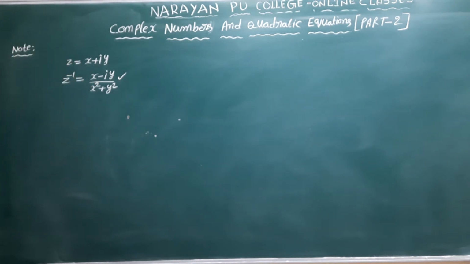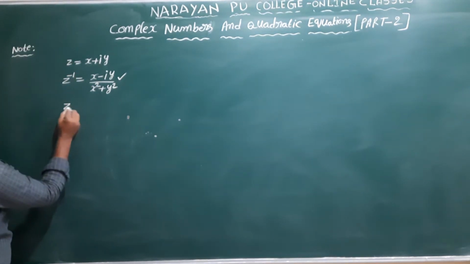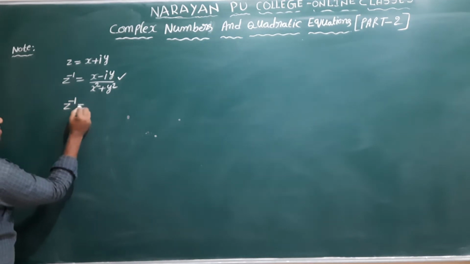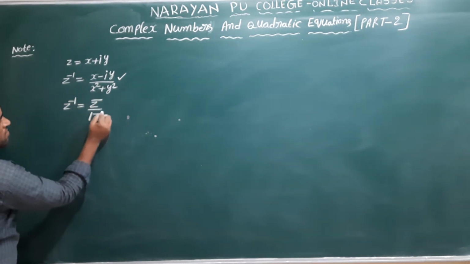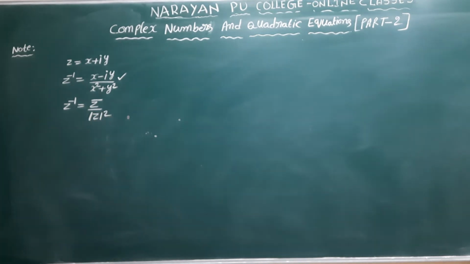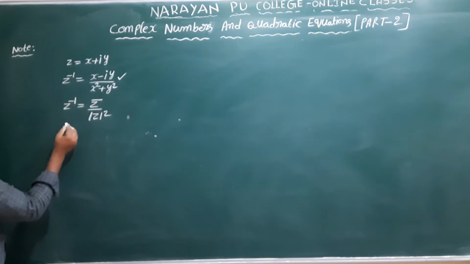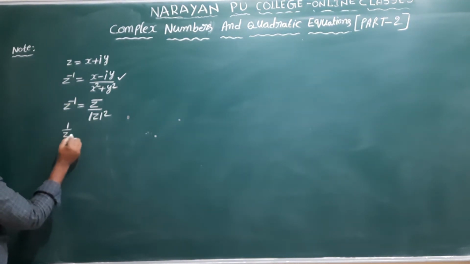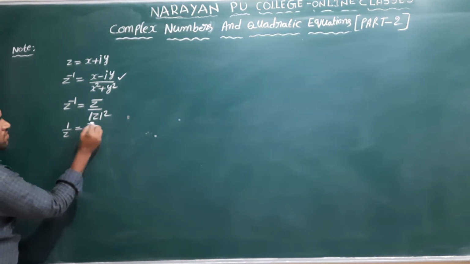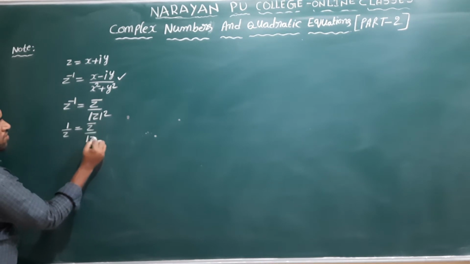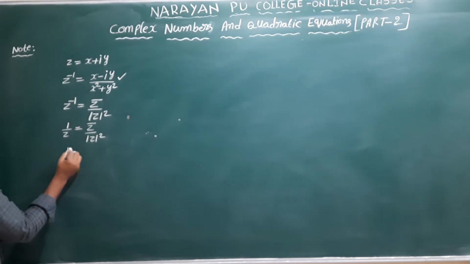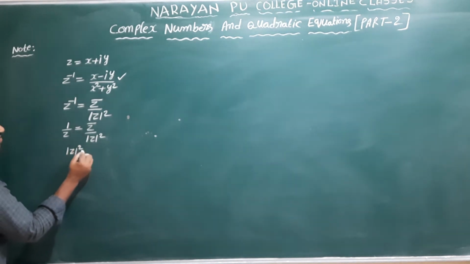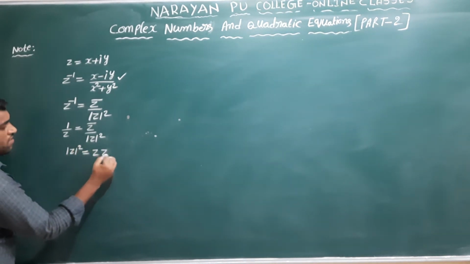So based on that formula, z inverse we can write as z bar by modulus z square. So 1 by z equals z bar by modulus z square. Cross multiplying, mod z square equals z into z bar.